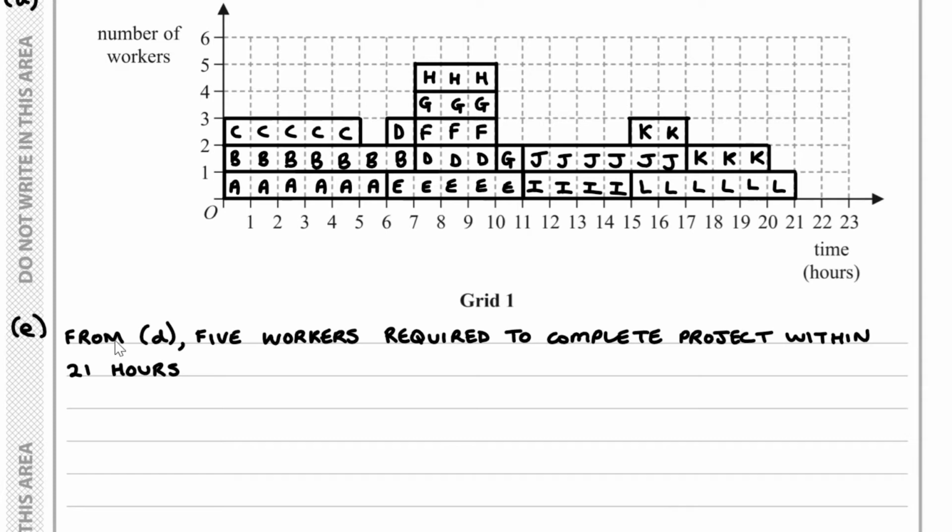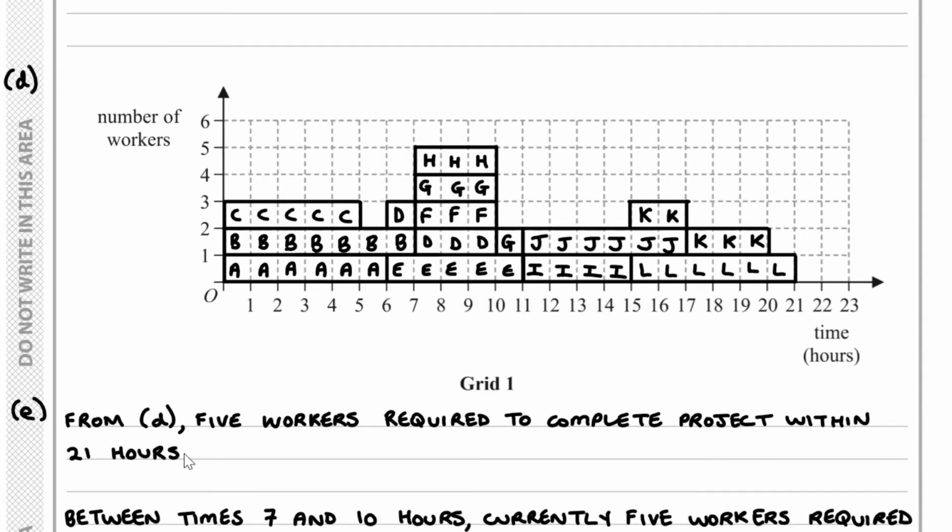First of all, we saw in part D that 5 workers are required to complete the project within 21 hours, and that's shown here. And what we see as well, that between times 7 and 10 hours, currently 5 workers are required.